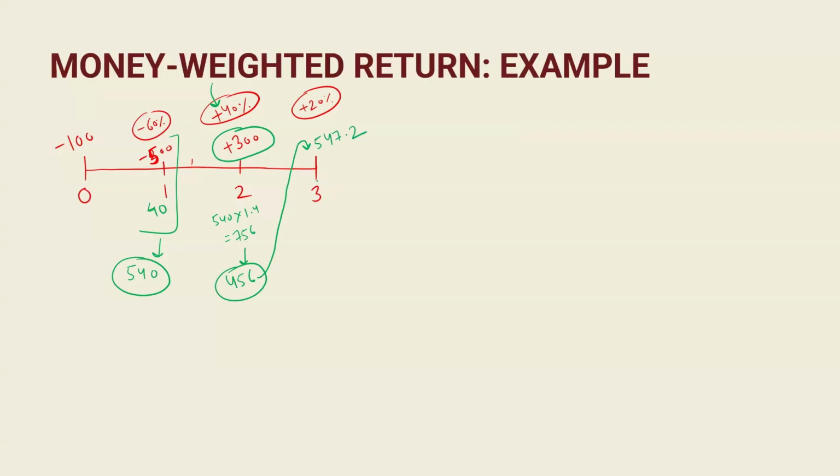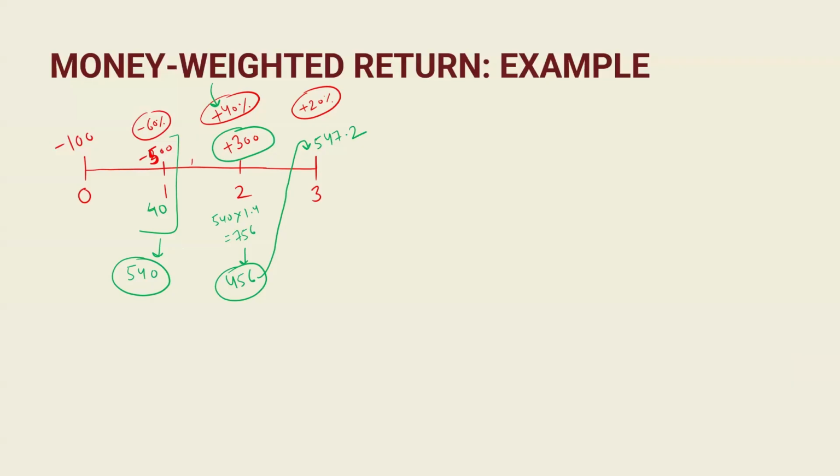So basically the IRR or the money weighted return will be that interest rate which makes your net present value equal to zero. That is, the present value of outflows will be equal to the present value of inflows.